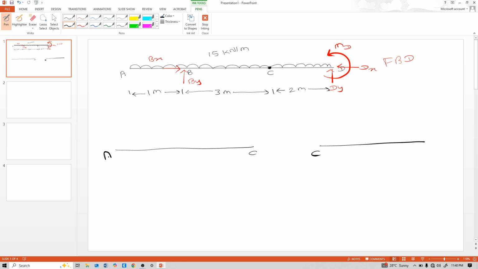This is A, this is By, this is B point, and this is UDL, 15 kilonewton per meter.